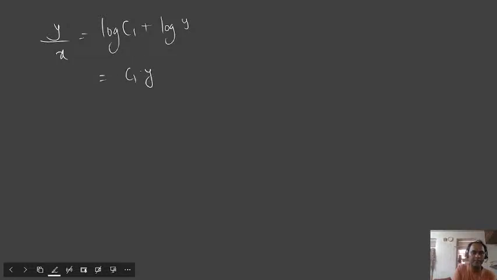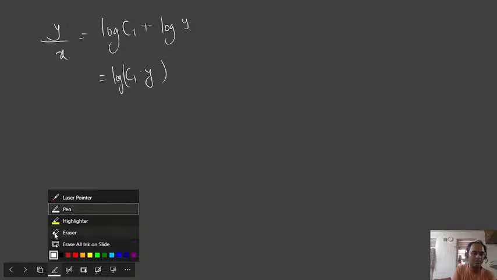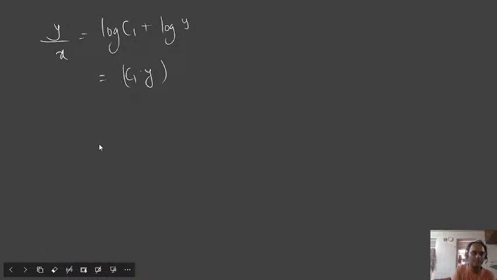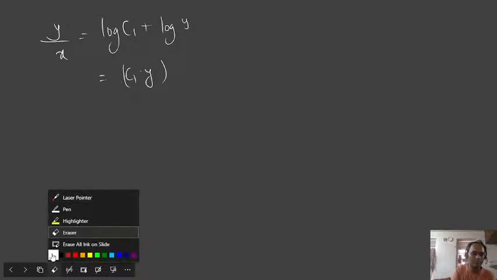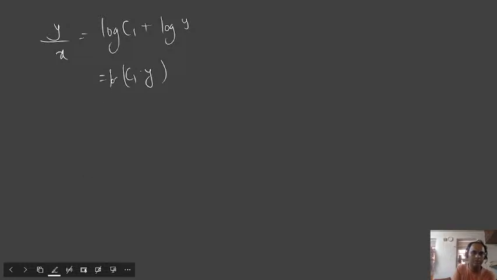And this can now be seen as log of c1 y. You have that log here, and therefore you have y by x equals log of c1 y.